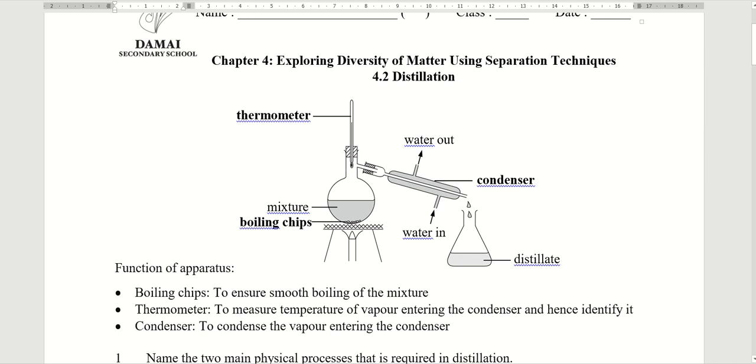For distillation, please take note that the objective is to obtain a certain thing from the mixture.